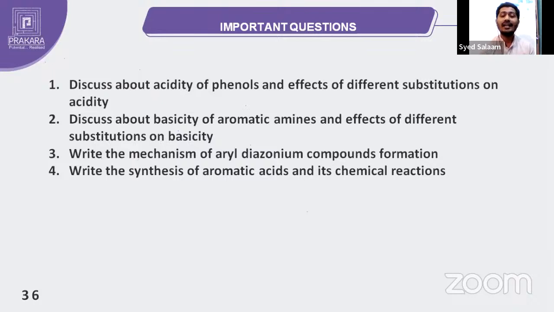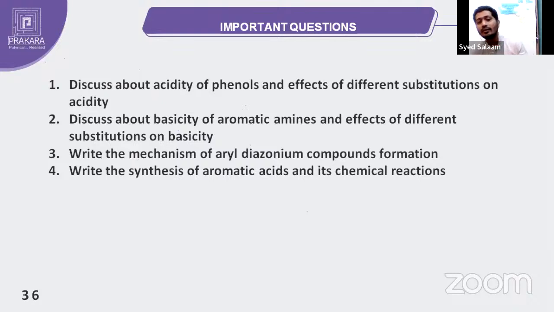That is why aryl diazonium compounds are very important reagents or derivatives of benzene, which help in the synthesis of many compounds, which include benzoic acid, benzoyl chloride, toluene, nitrobenzene. So aryl diazonium compounds play a very important role in the synthesis of multiple different benzene derivatives.